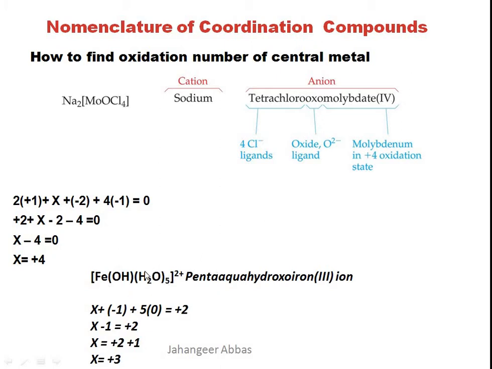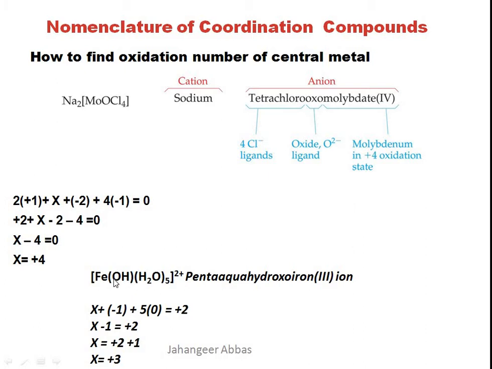We see this complex. We have to find the oxidation state of Fe, X. We have written X, plus hydroxo -1, plus the oxidation state of water is 0, 5 into 0, is equal to the charge, plus 2. Then we calculate the oxidation state of iron, and that is +3. When we name it, we will write it in Roman numerals.